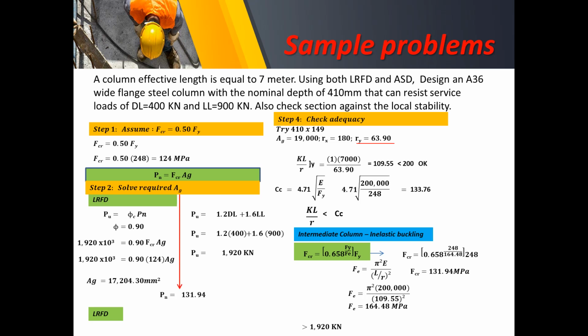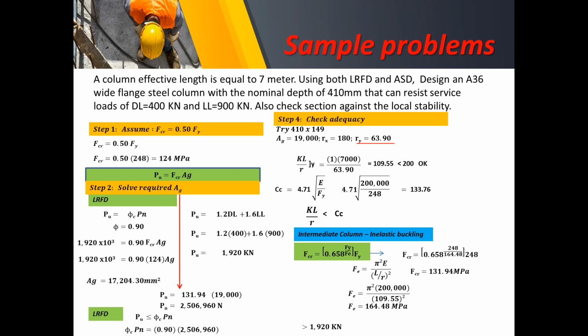So Pn is equal to the calculated Fcr times Ag for the trial section, 19,000. So we come up with 2,506,960 newtons. Hence, by LRFD, note that our design strength should always be less than or equal to phi Pn.